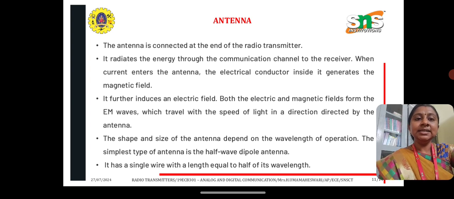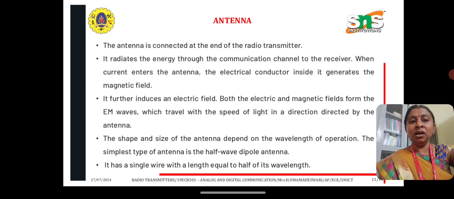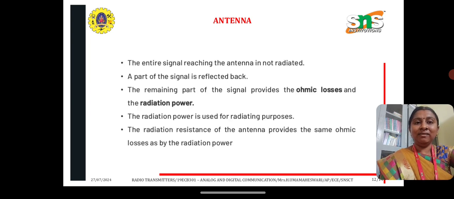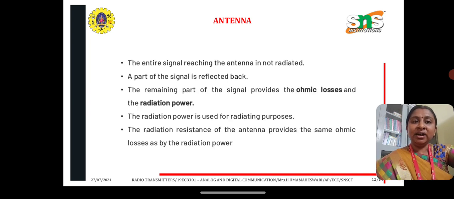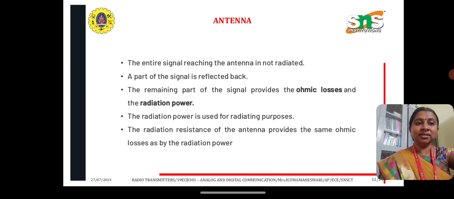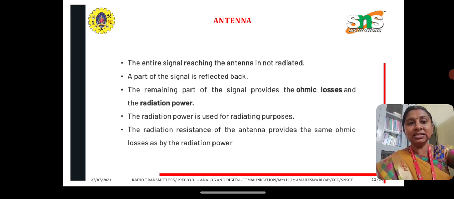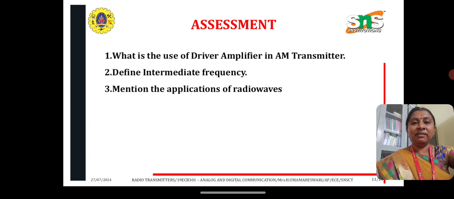It has a single wire with a length equal to half of its wavelength. The radiation power is used for radiating purposes, and part of the signal is reflected back, and the radiation resistance of the antenna provides the same ohmic losses as the radiation power.